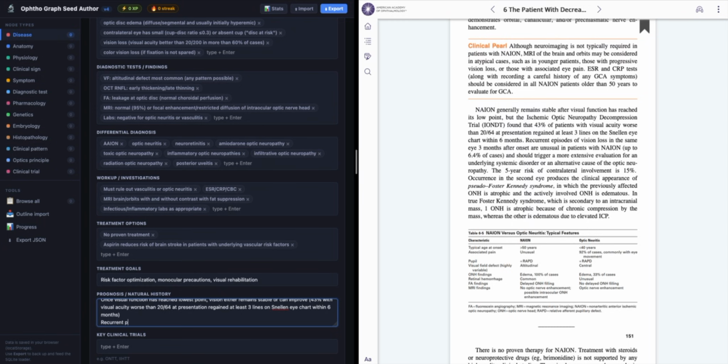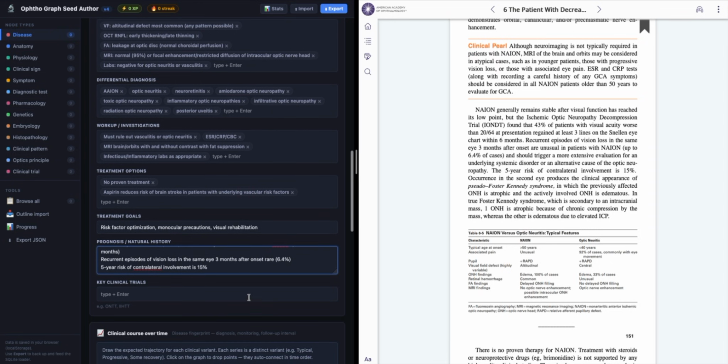Recurrent episodes of vision loss in the same eye 3 months after onset are rare, 6.4%, and then the 5-year risk of contralateral involvement is 15%, 15 to 20% in some cases.